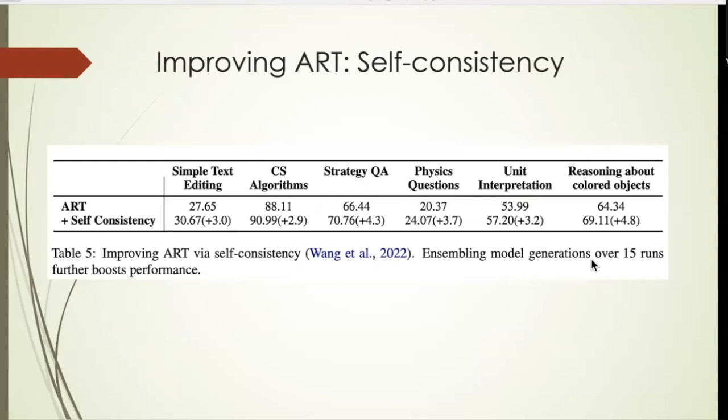So they prompt the LM the same problem 15 times, and then they choose the answer with the numbers that are consistent from the 15 times generation, and then they are able to see some of the improvements.